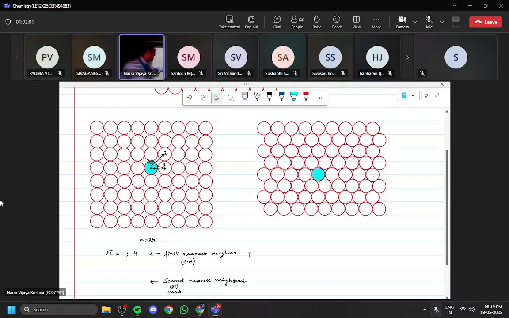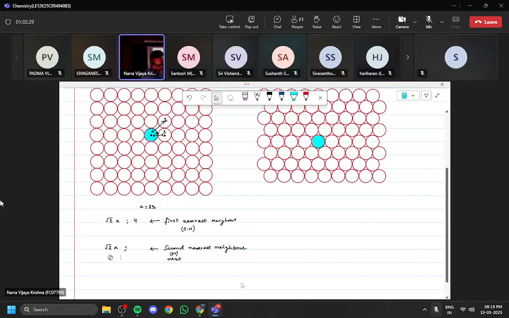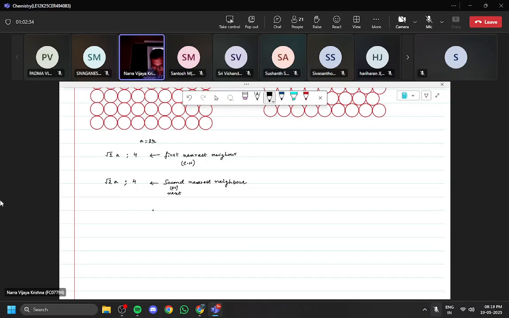This is a, this is a, and this is the hypotenuse of a triangle. So it is root 2a. At a distance of root 2a, how many? 4, because 4 are present diagonally. We are talking about 2 dimensions, so this is also 4.